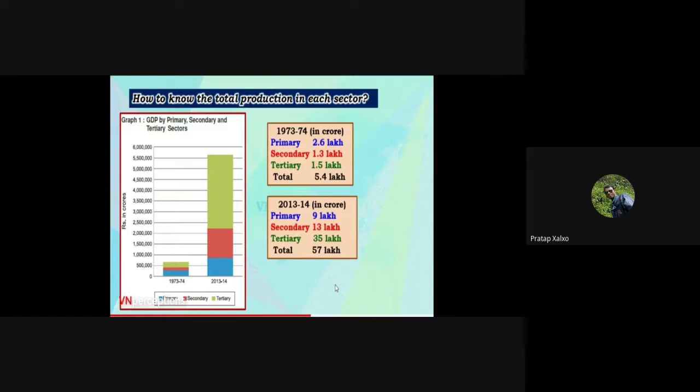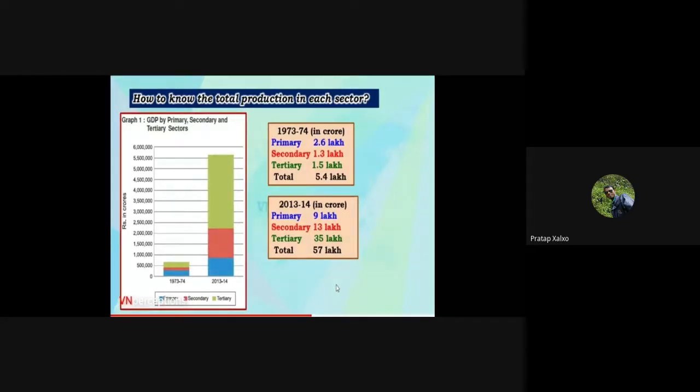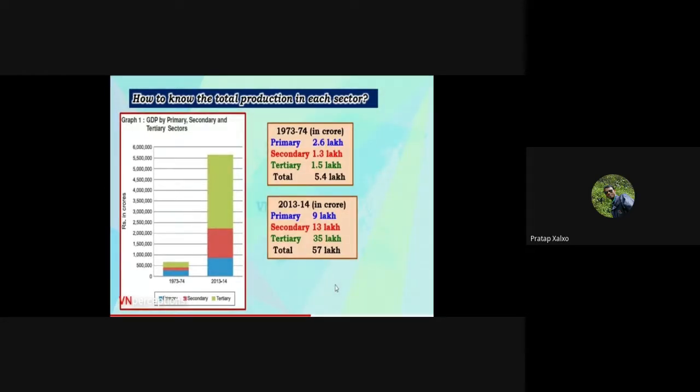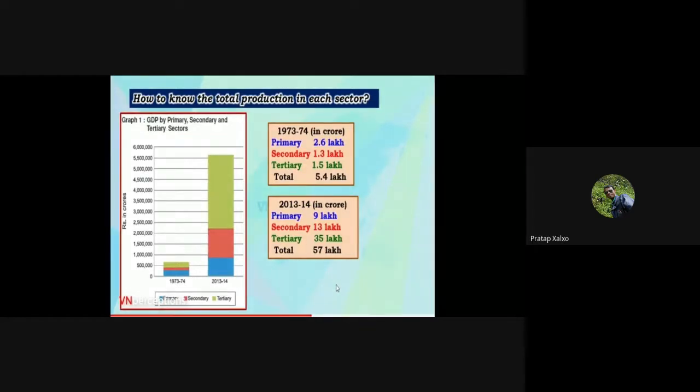So this is the GDP, that is gross domestic product, of our country in the year 2013-14. Now, how did we make progress and how did we go gradually from primary to secondary and secondary to tertiary sector? For that, we have to look at our history.